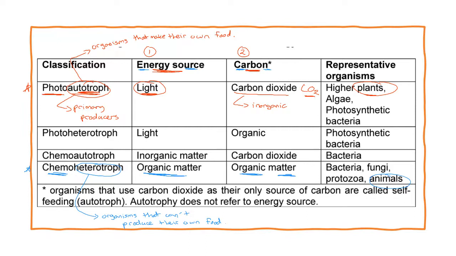And this is not only with plants, also with algae and photosynthetic bacteria. Algae, for example, are going to be the main primary producers in the lakes and the oceans. I'm not going to go into detail, but algae is kind of a catchphrase.